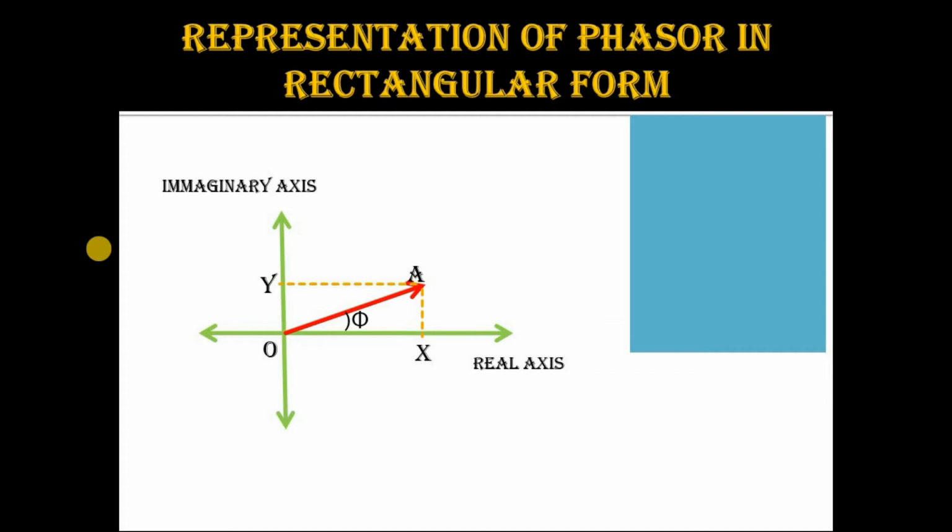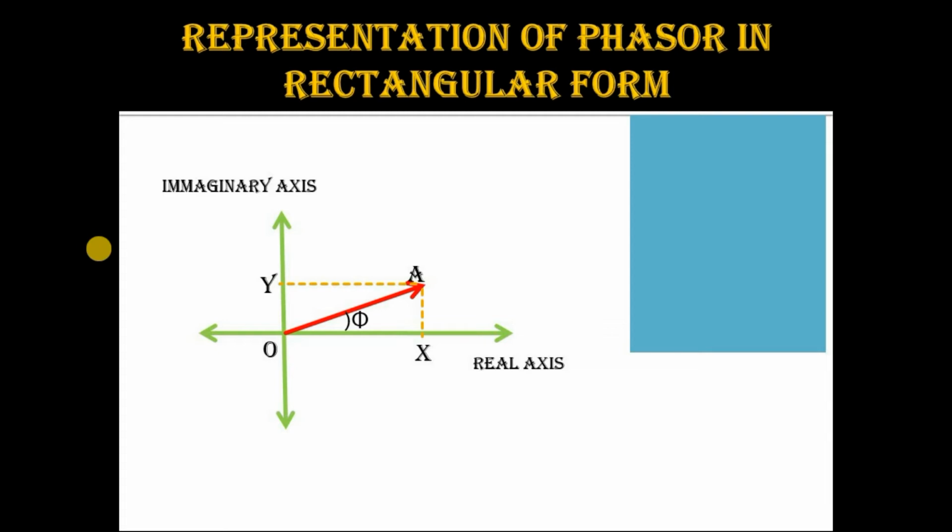The phasor is denoted as OA. Its x-axis component will be OX and its y-axis component will be OY.